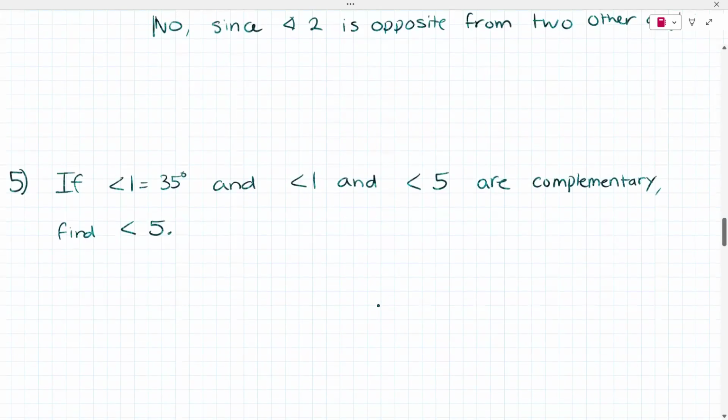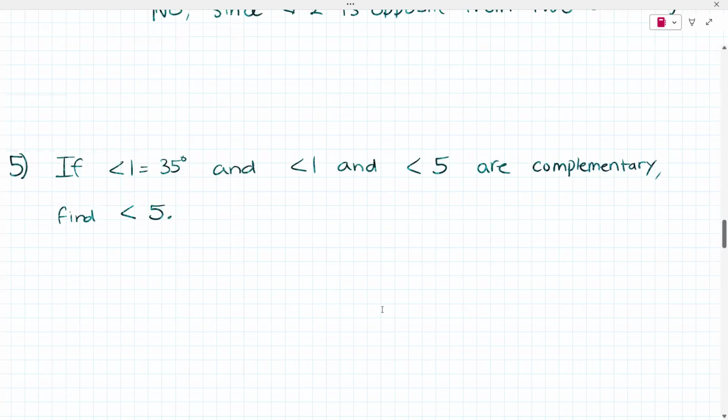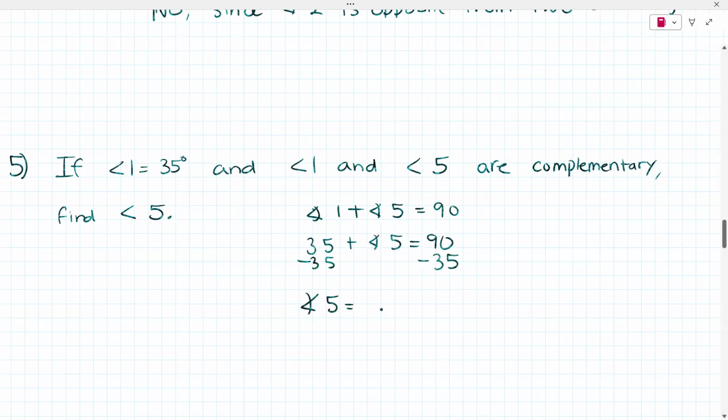Let me set it up. Angle 1 plus angle 5 are complementary, so that equals 90. Angle 1 is 35, so 35 plus angle 5 equals 90. Subtract 35 from both sides. 90 minus 35 is 55.